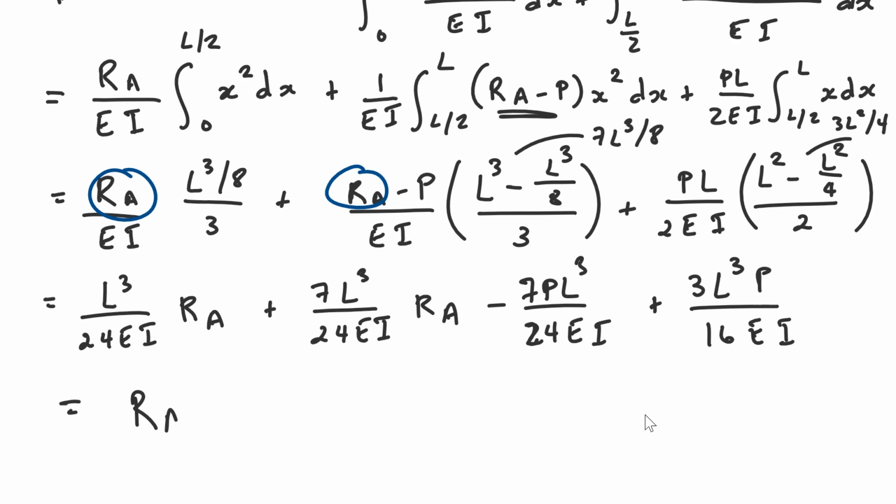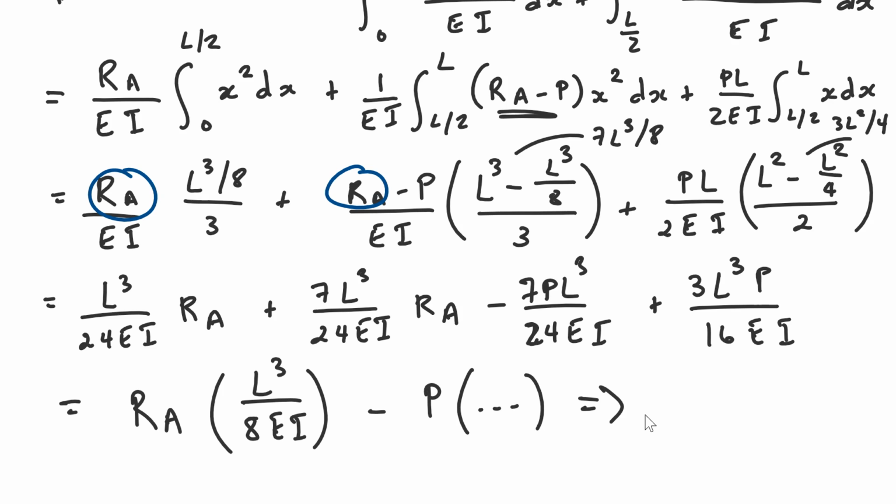I'm going to factor out RA, and we're going to have 8L cubed over 24 EI, which is the same thing as L cubed over 8 EI. And then here we're going to have minus P times 4. Oh geez, this is an ugly denominator. Super ugly. Can I simplify this at all?